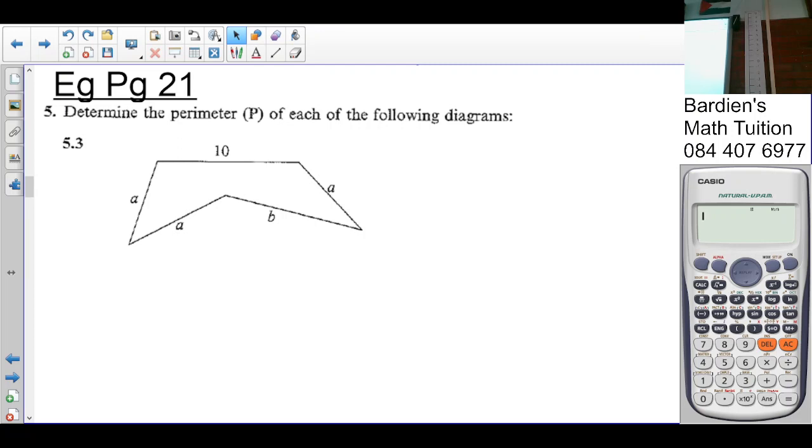Okay. So let's start here. So it's going to be 10 plus B plus, okay.